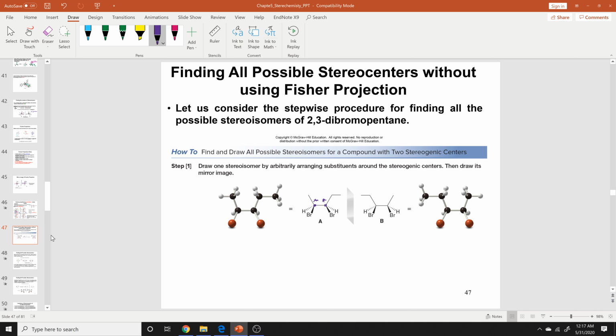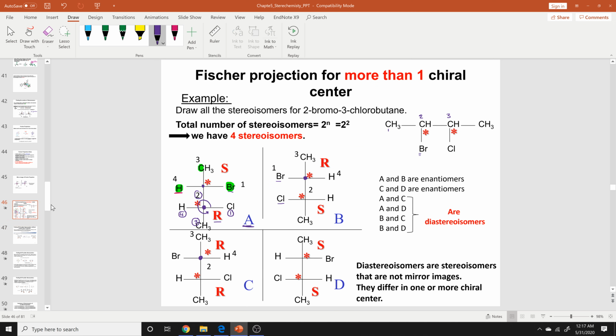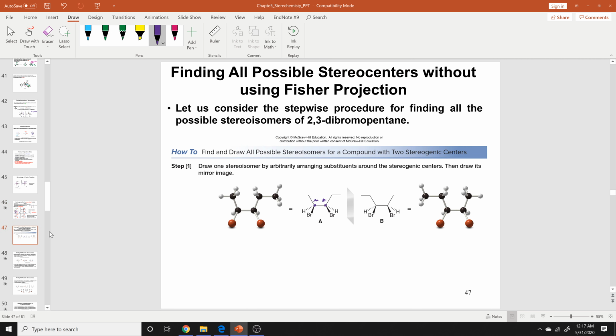They're asking you simply to draw the stereoisomers of a compound using the 3D representation. How are you going to do this? So let us consider how to draw, same idea as this problem over here. I want to draw all the stereoisomers, but I don't want to use the Fischer projection. I want to use the 3D method in order to draw all the stereoisomers.